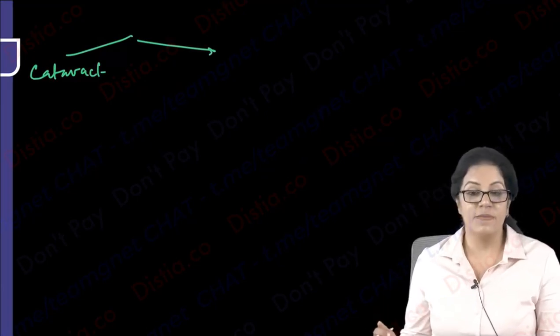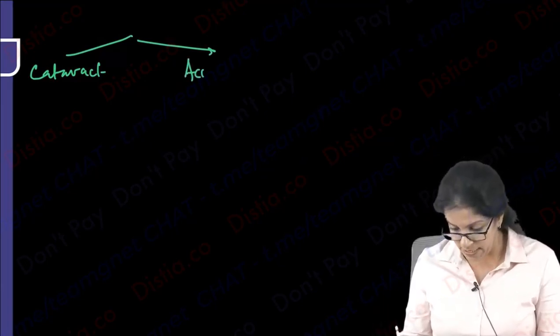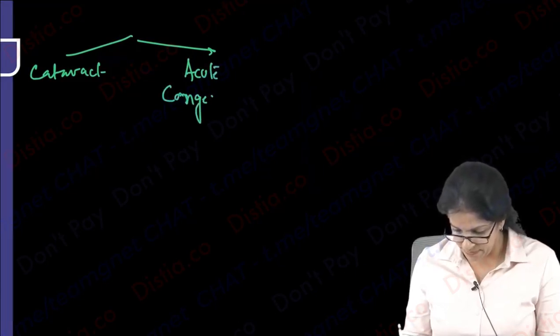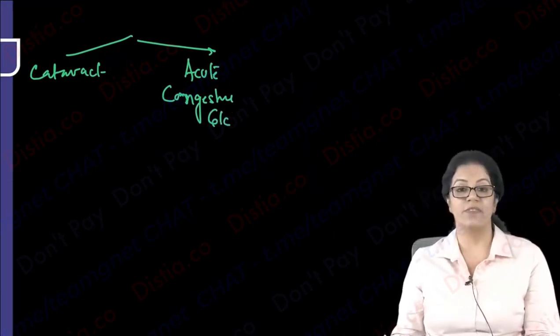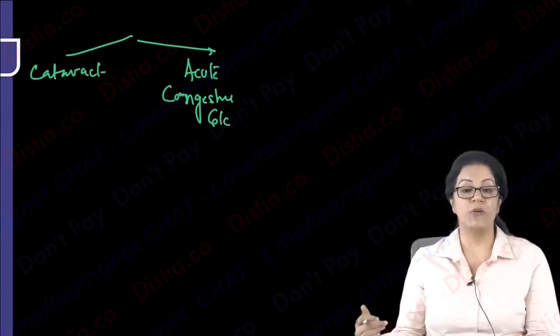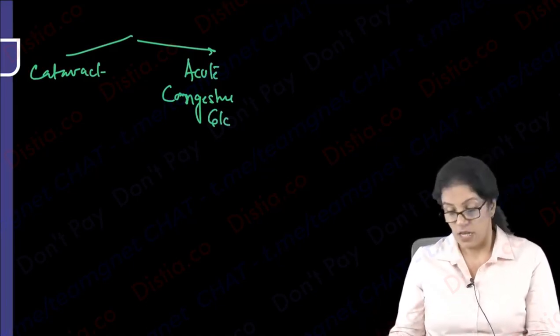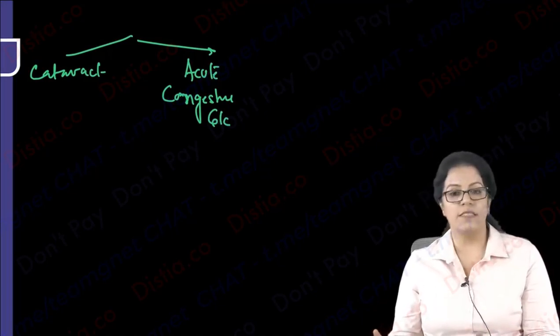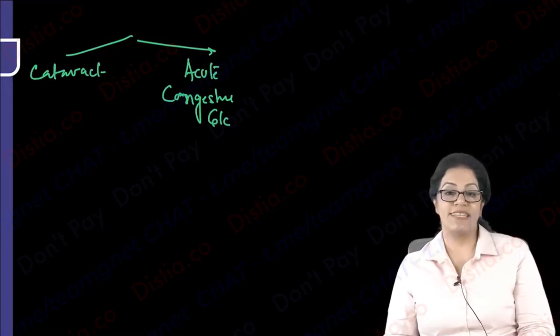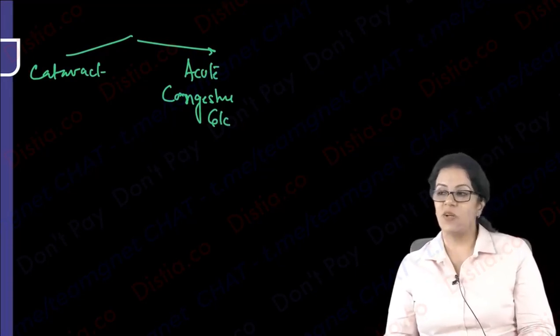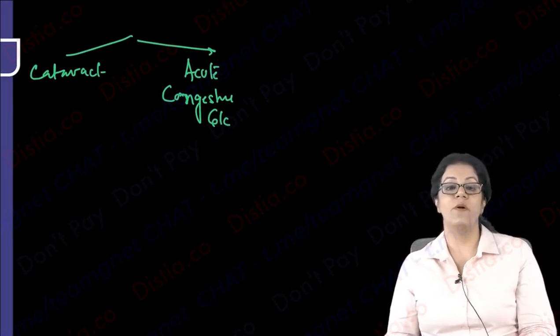We will answer acute congestive glaucoma, which is also called acute primary angle closure. This is a new nomenclature. Anyway, acute congestive glaucoma is the second. Many of you will answer just glaucoma. Why is it wrong? It is wrong because glaucoma is a very broad term.